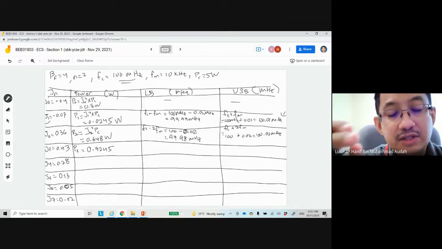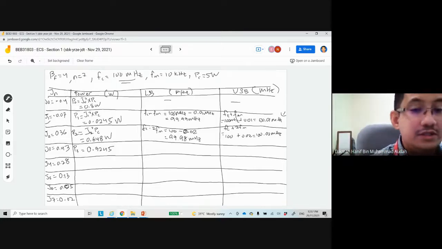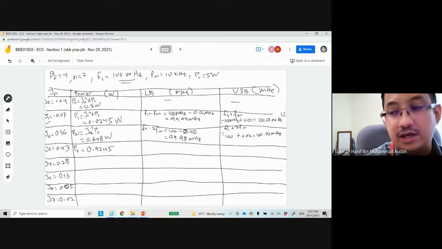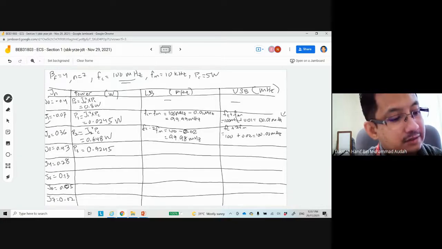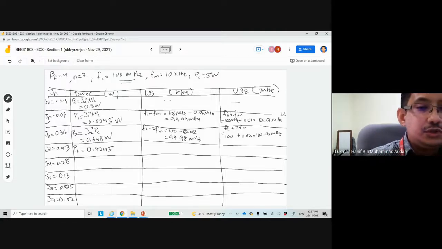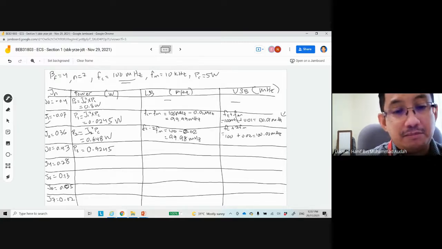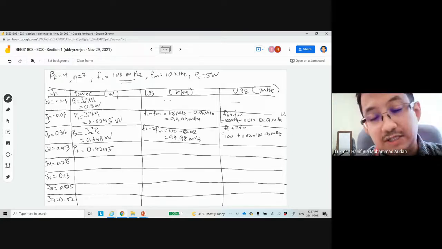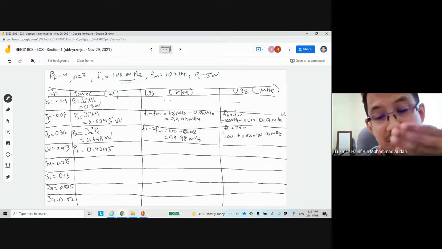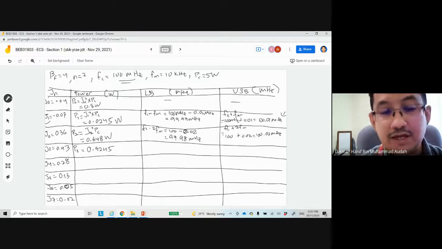Dan untuk baris seterusnya, you tak perlu buat jalan kerja, terus masukkan nombor pun boleh, sebab you dah kira guna calculator. So kami fahamlah bahawa pengiraan itu telah dibuat. But my suggestion, the first row you buat jalan kerja and then the rest masukkan saja nombor-nombornya. Okay, tak ada masalah. Kita boleh flexible.